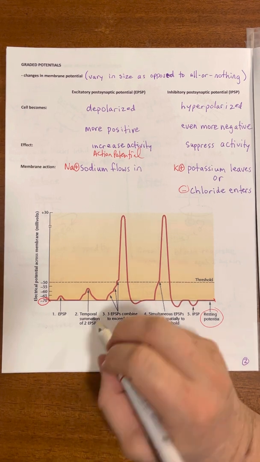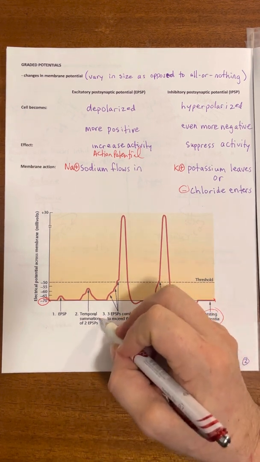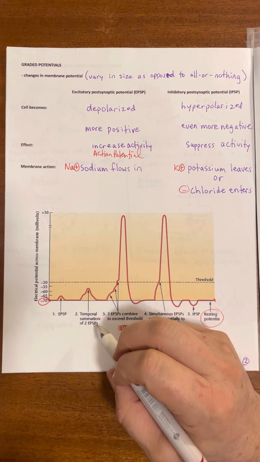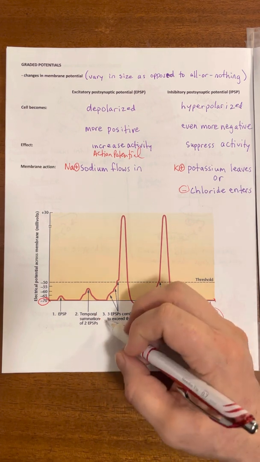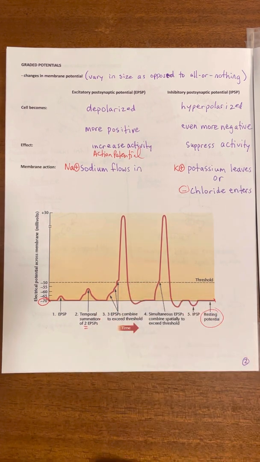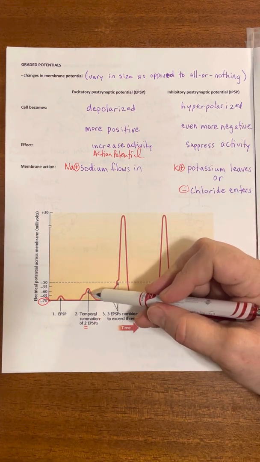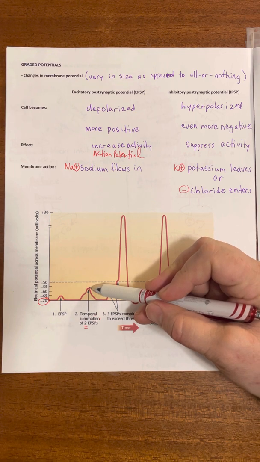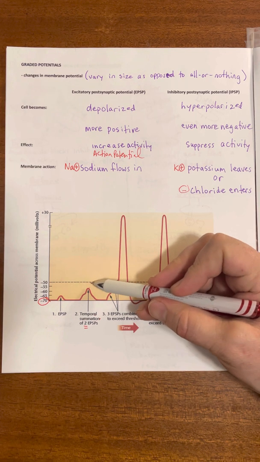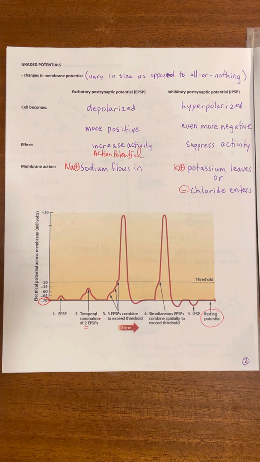Here, we're seeing that there's temporal summation occurring, right? So one dendrite is being repeatedly stimulated. Here it got stimulated twice. When that happened, it led to a further increase in positivity inside the cell, but it still didn't cause an action potential to occur.